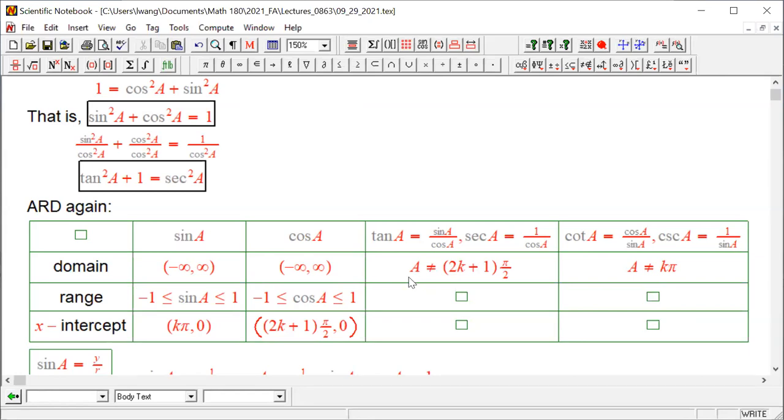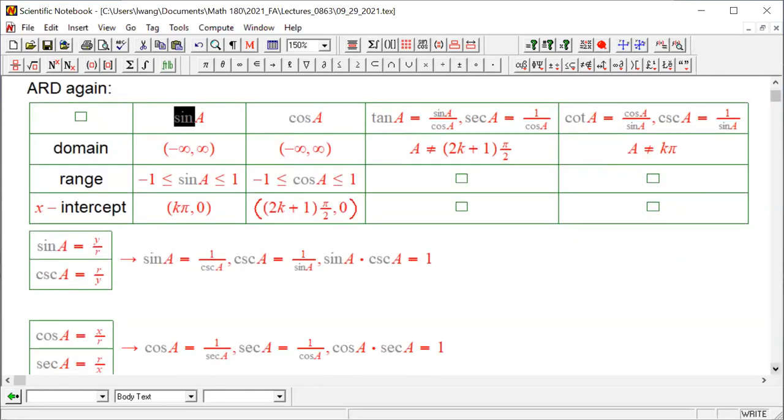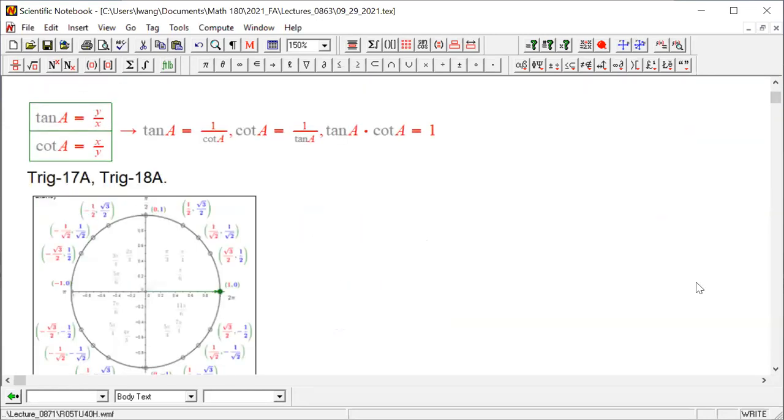Tangent is much used in calculus because this function is very, very special. Sine, cosine, and tangent are much used. Other functions are also used, but with a little less frequency. So let's get to them. Let's look at tangent.